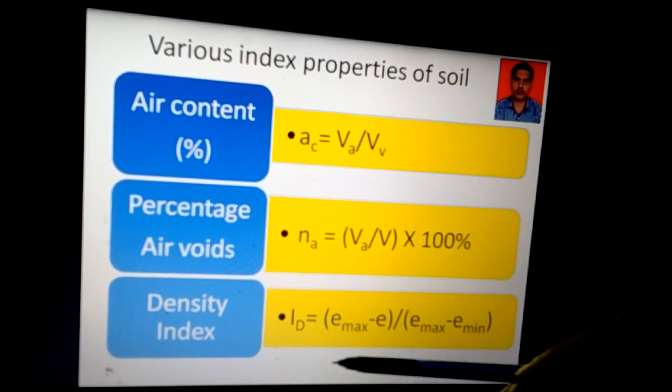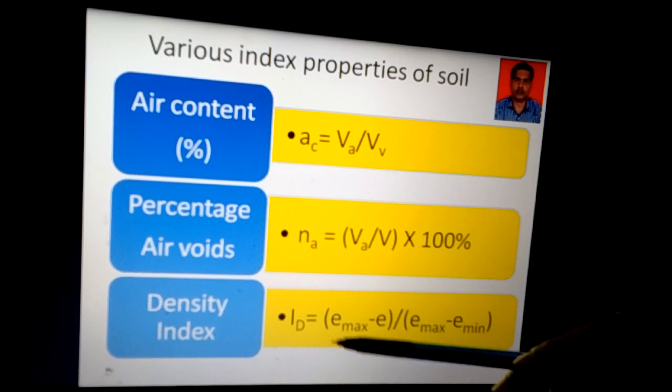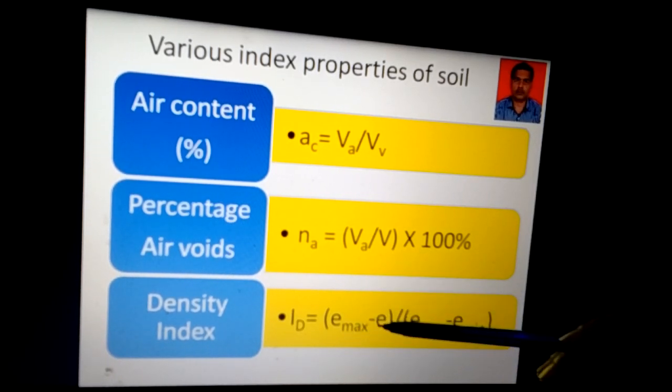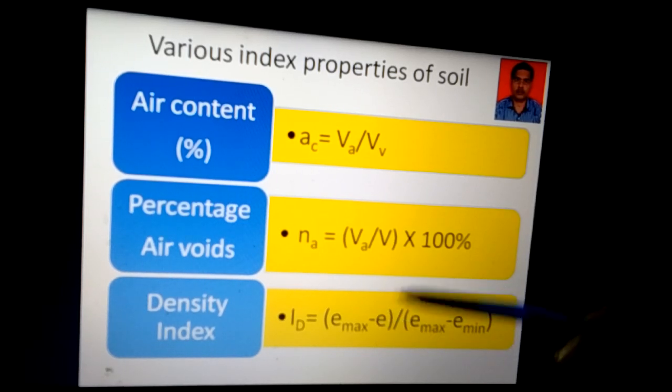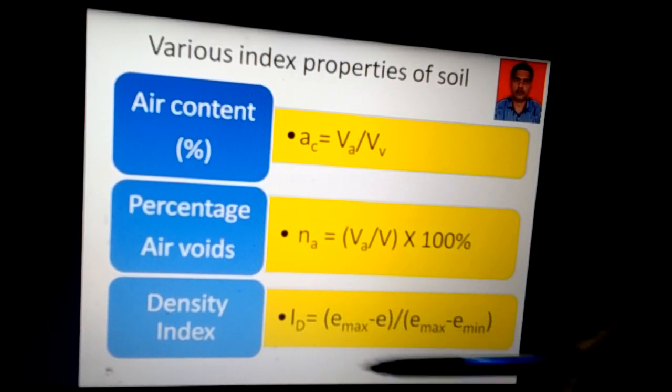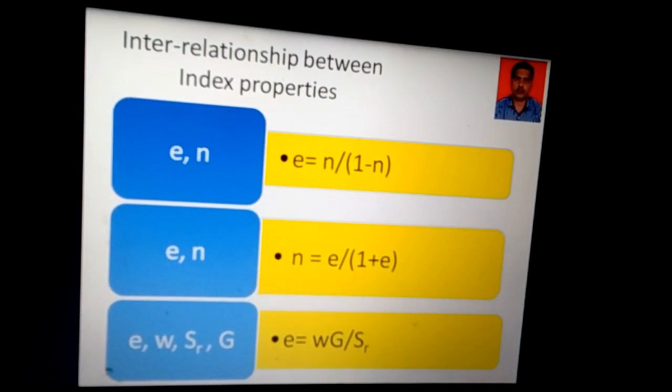And density index ID, that is the maximum void ratio, that means the loosest state of soil, minus e in natural state of soil, the void ratio in natural state, and the difference between the loosest state void ratio e max and the densest state void ratio e min. So this ratio will give us the density index value.